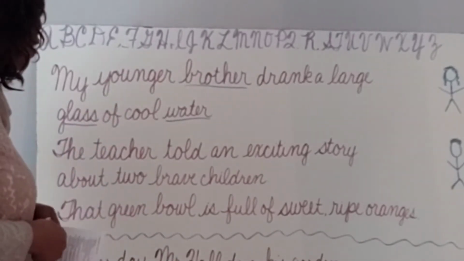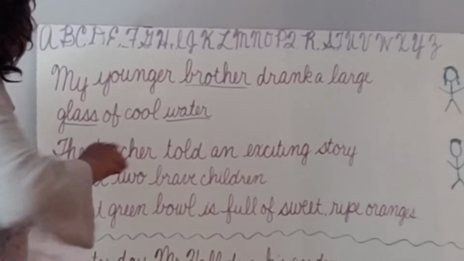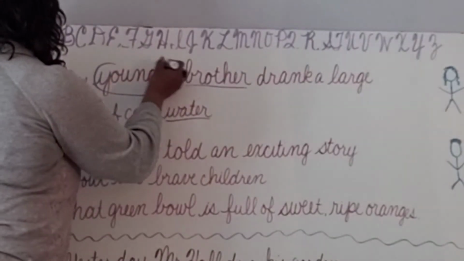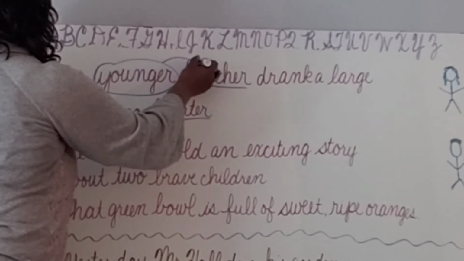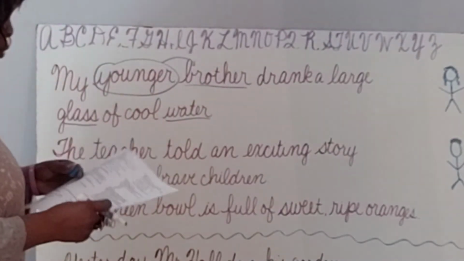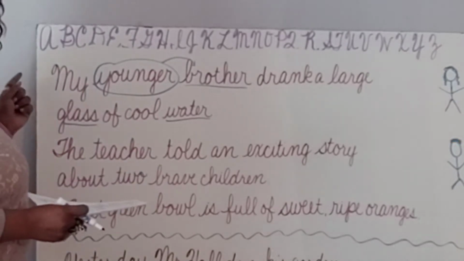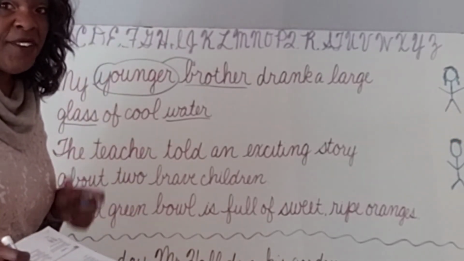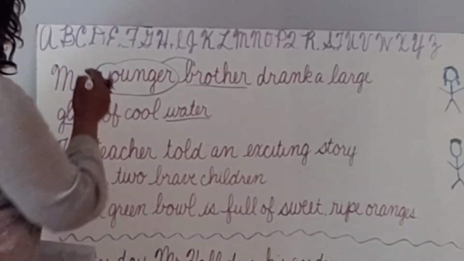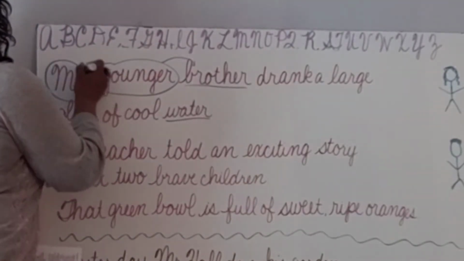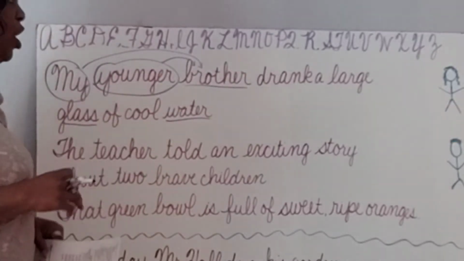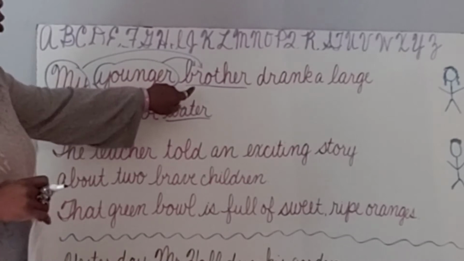Not my older brother, not my twin brother, but my younger brother. So we would circle younger and draw an arrow from younger to brother. And then, is that it for brother? What about which one? Not her brother or his brother or their brother, my brother. Okay, my and younger both describe the word brother.